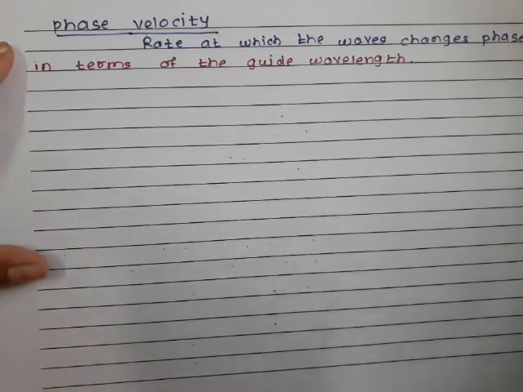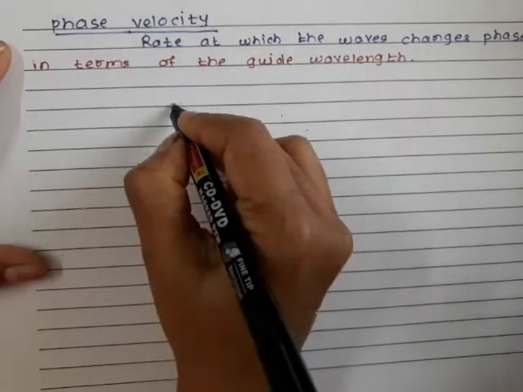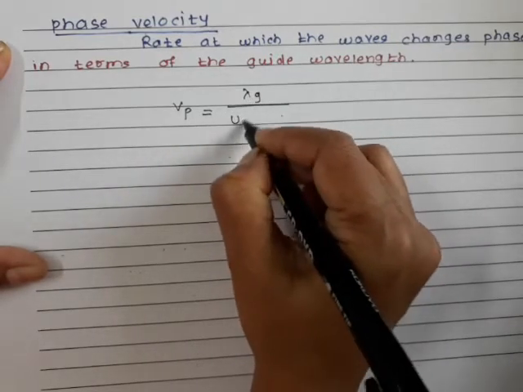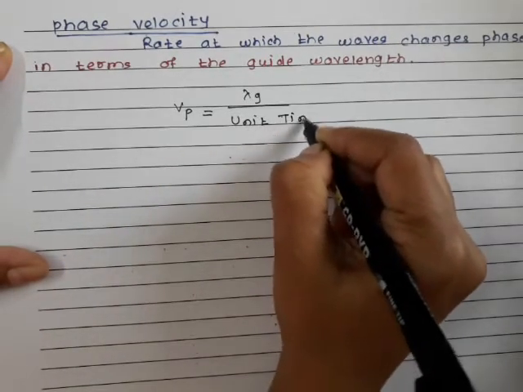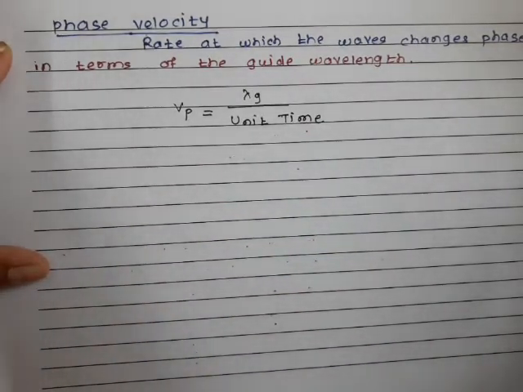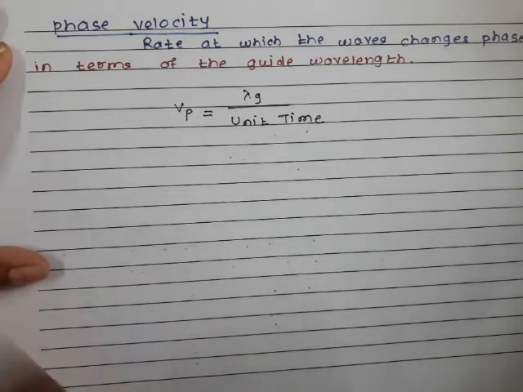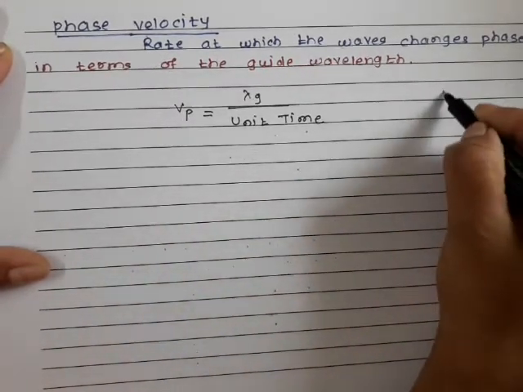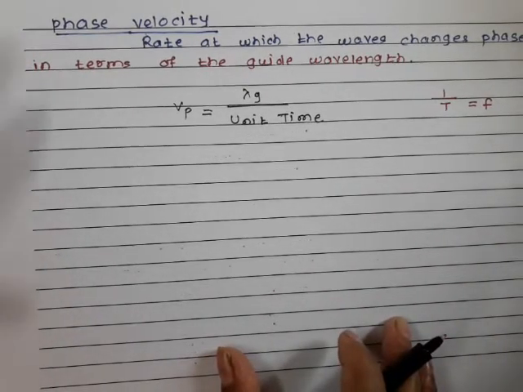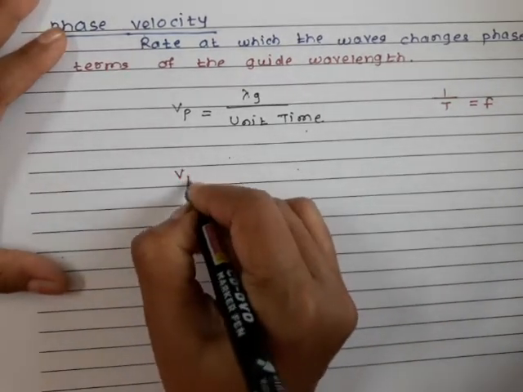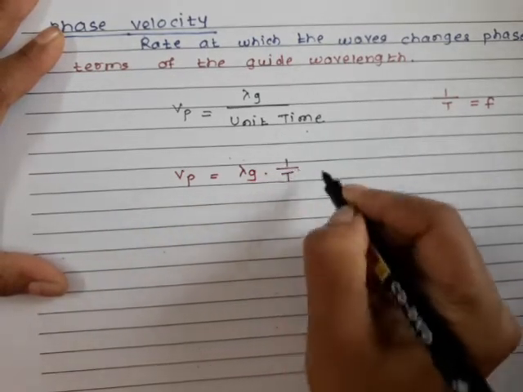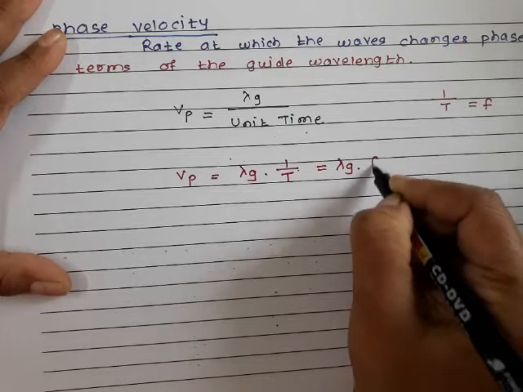If I derive this, my Vp is equal to lambda g divided by unit time. So Vp is lambda g by unit time, and 1 upon t is nothing but f. So Vp is equal to lambda g into 1 by t, which is lambda g into f.